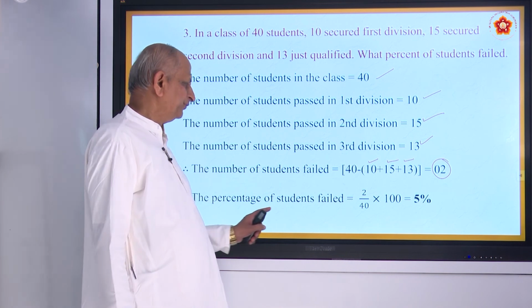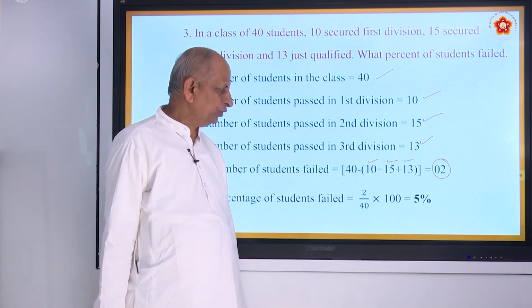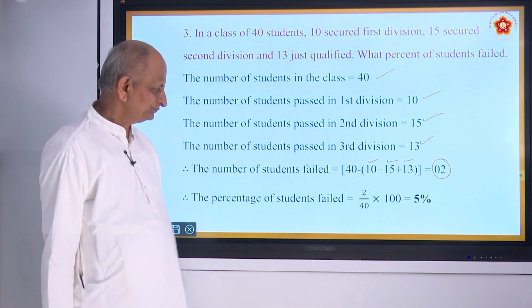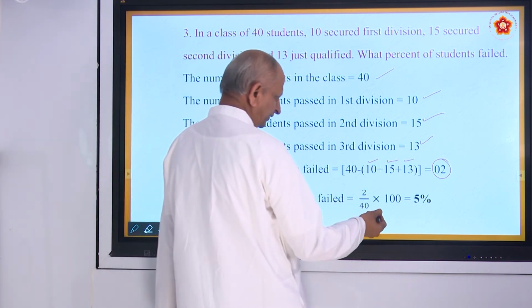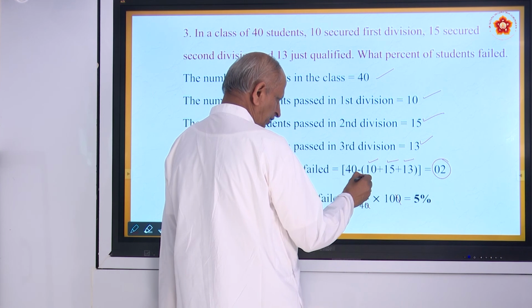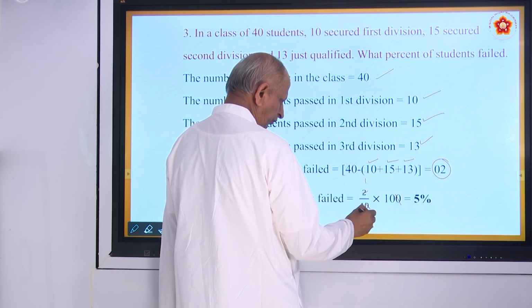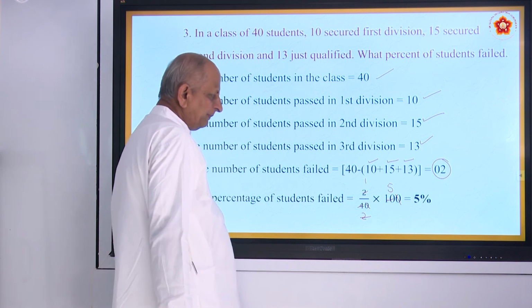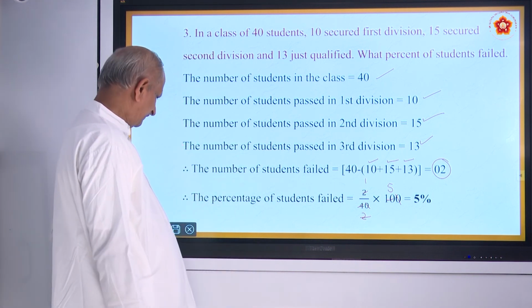Therefore, the percentage of students failed is equal to 2 by 40 into 100. And how to cancel this? 0, 0 cancels. 2 1s are 2, 2 2s are 4, 2 1s are 2, 5s are. So it becomes 5%.